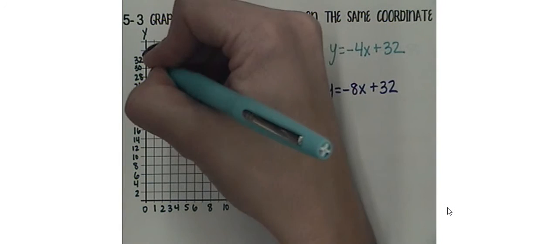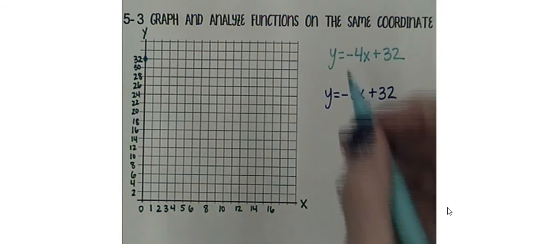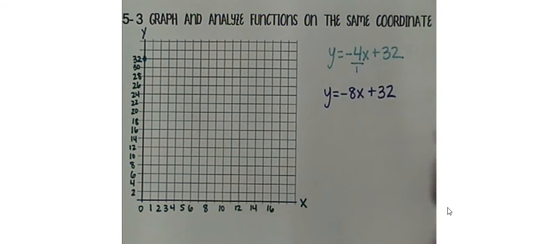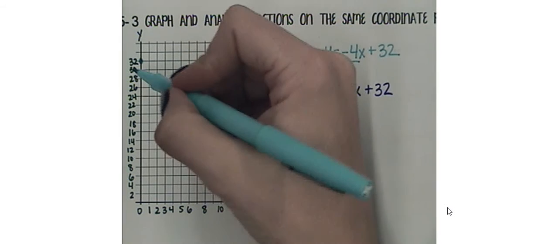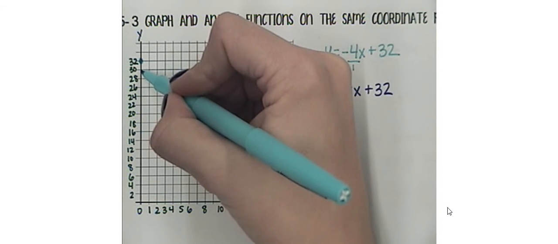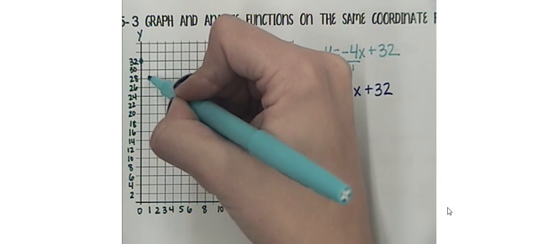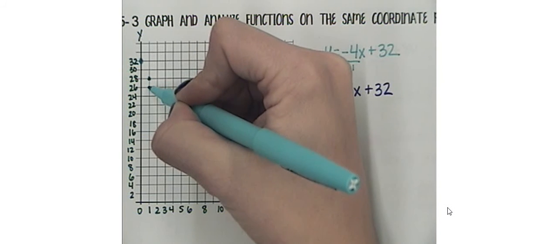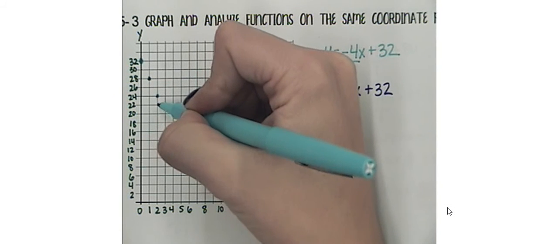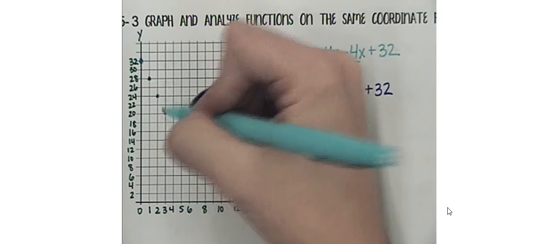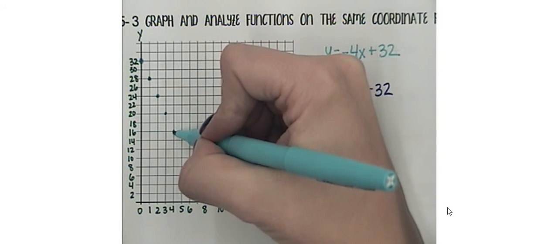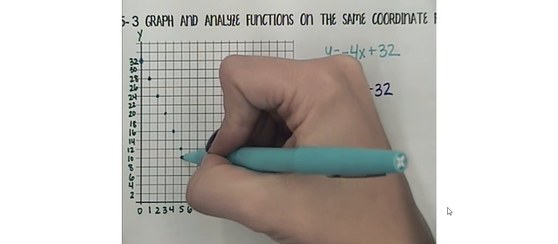So let's plot our y-intercept at 32. And my slope is down 4 over 1. So I need to go down 2, 4 over 1. So 2 boxes. 2 numbers, 4 numbers over 1. 2, 4 over 1. 2, 4, 2, 4, 2, 4.